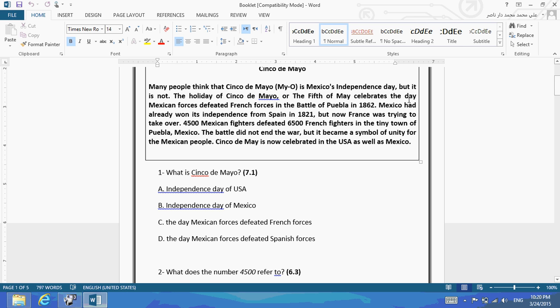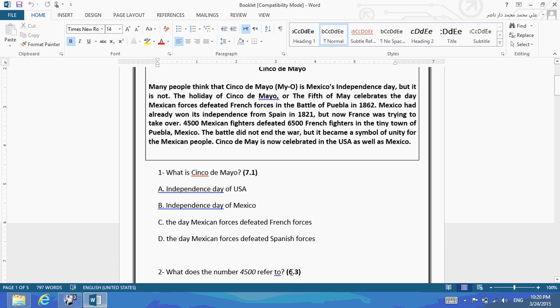The day Mexican forces defeated French forces. 2. What does the number 4,500 refer to? The concerning standard is 6.3. It's scanning.